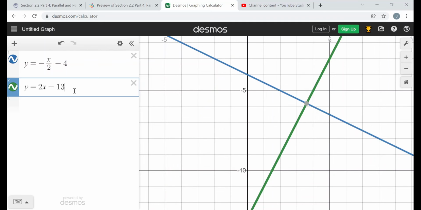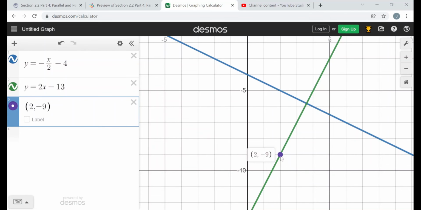Hopefully you can see, you can zoom in or whatever, but these do meet at a right angle. These are perpendicular lines. And I'm hoping also that the point (2, -9) shows up. I'm just going to plot that point. There it is. Look at that. (2, -9) is on this line that I drew that is perpendicular to the first one.